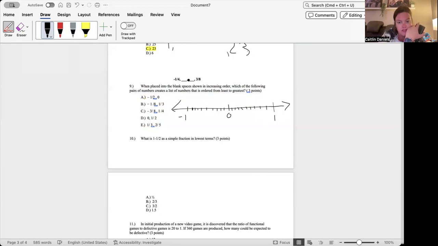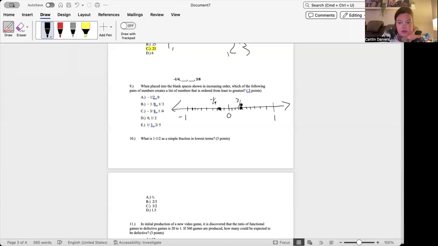All right, so we're trying to find the two missing pieces right here. So we got -1/4, which is going to be right here. And then we got 3/8, which is going to be right here. Like a little past though. Good enough. So this is the -1/4, this is the 3/8.